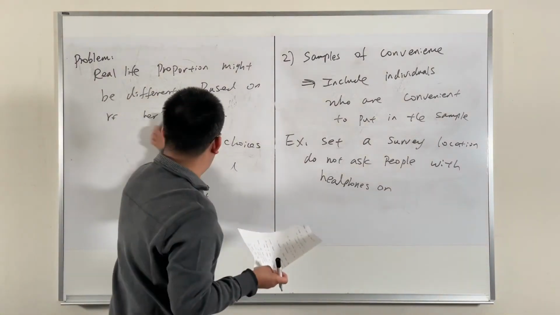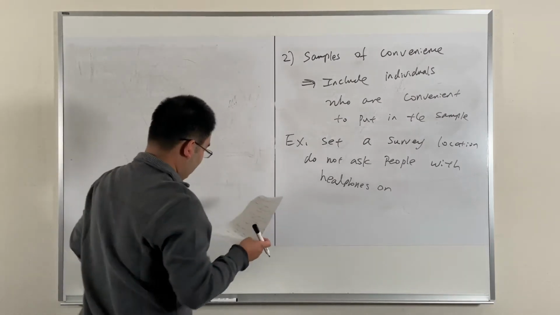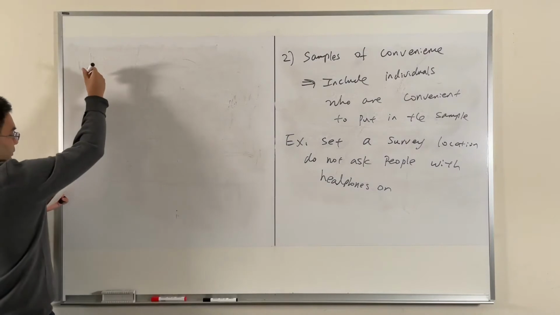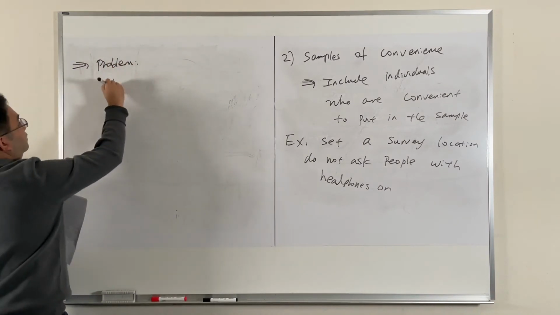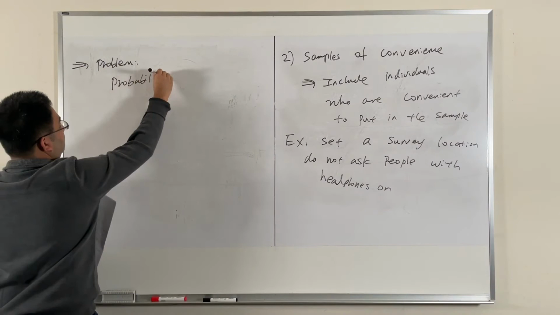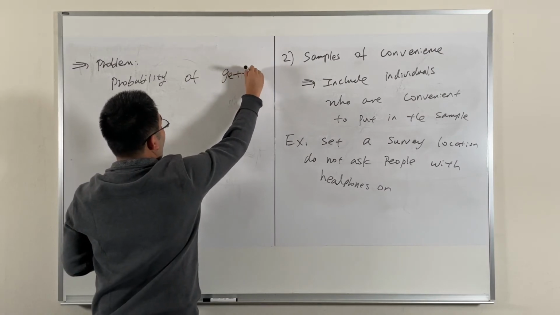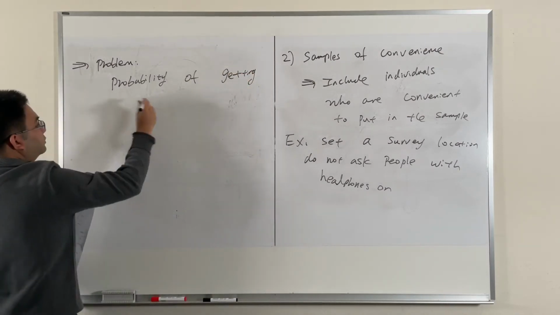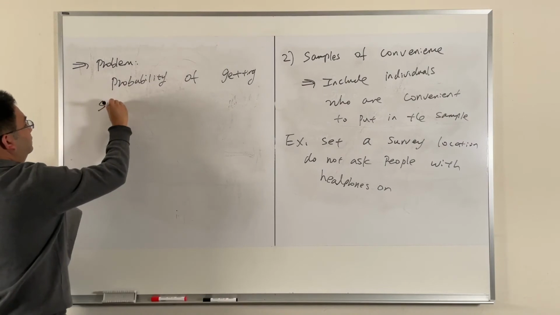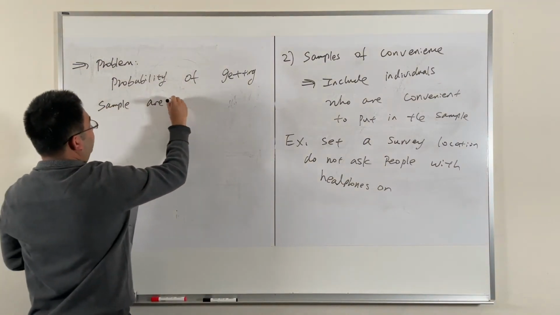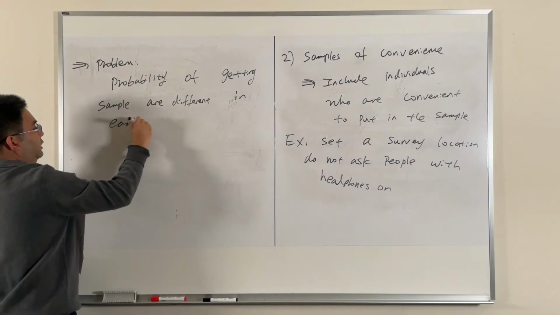As you can see, this creates a problem. The problem in this case is that the probability of getting into our sample is different in each case.